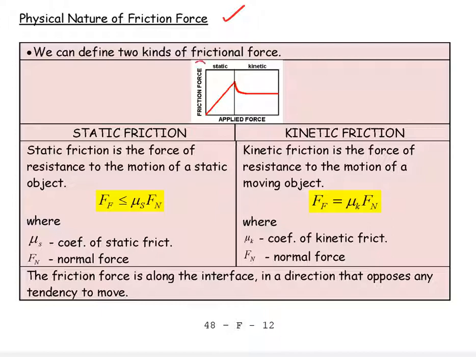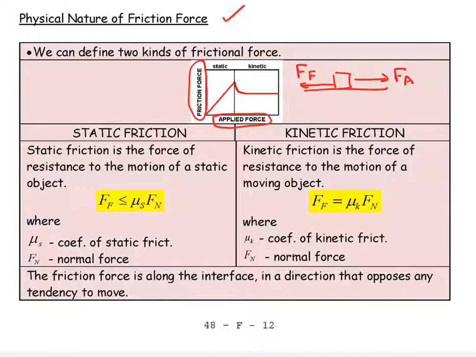If I plot a graph of frictional force versus the applied force, let's imagine that I have a block on a level surface and I have an applied force F, and that is causing a frictional force. And I can study how these two relate to each other.